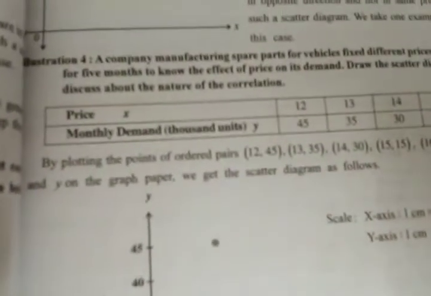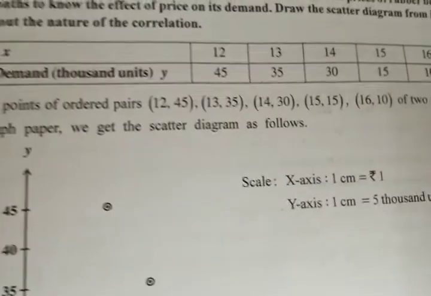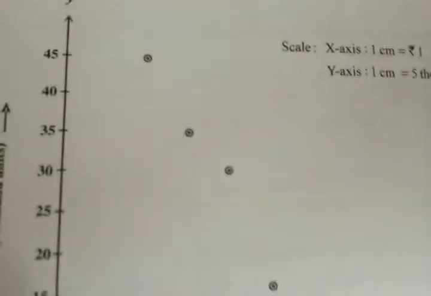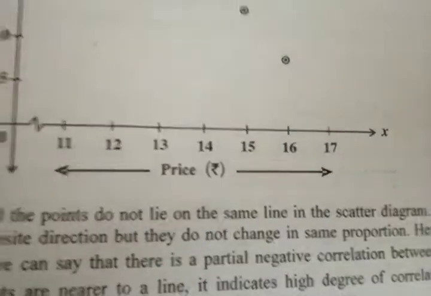Again you can come to illustration number 4, where two variables are available, and when we plot these points we get all the points near a straight line, but not a perfect straight line, and therefore this is again a partial negative correlation. Okay, so these are some of the examples of partial negative correlation.